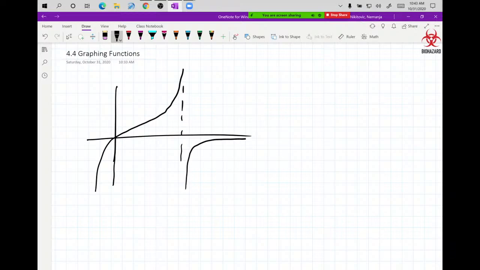That's possible, right? To have something like this, and you pick points -2, -1, 0, 1, and 2, and you make a chart of values, and you compute their y values, whatever they are. You're going to completely miss this very exciting part of the graph.